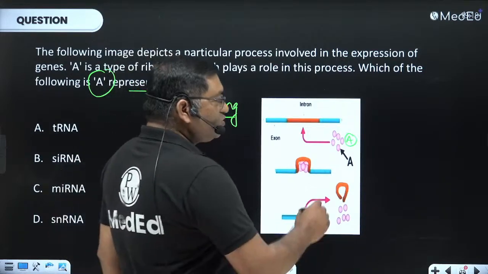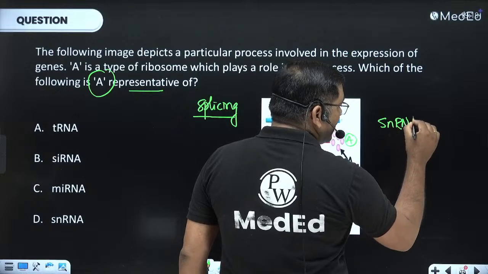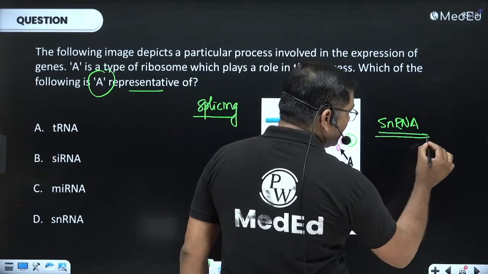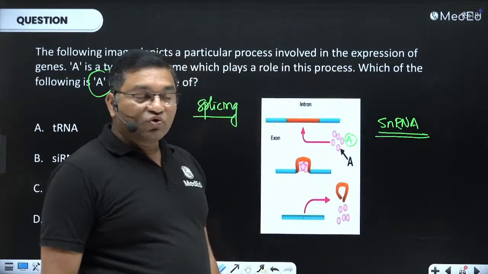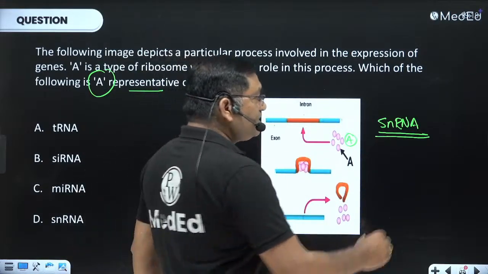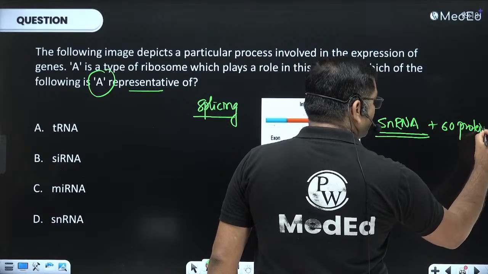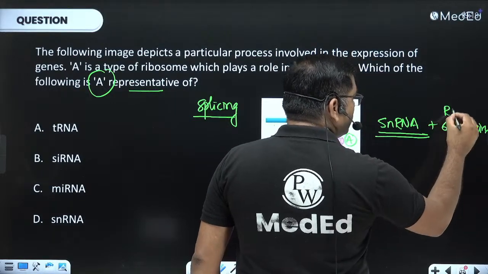In spliceosome mediated splicing, snRNA, small nuclear RNAs, which are uracil rich RNAs near about 20 to 24 nucleotides in length, plus near about 60 proteins take part, together forming a ribonucleoprotein.